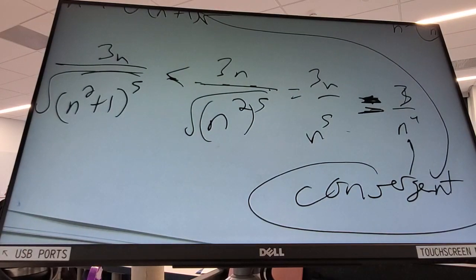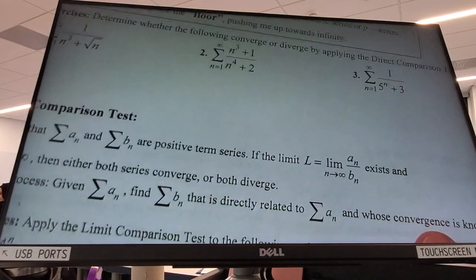If I make a series, or an, that is bigger than the one I'm talking about, and it converges, so do I. If I make a series that is smaller than the one I'm looking at, and it diverges, so do I. I don't think we got to the point where we actually looked at any of these, did we?